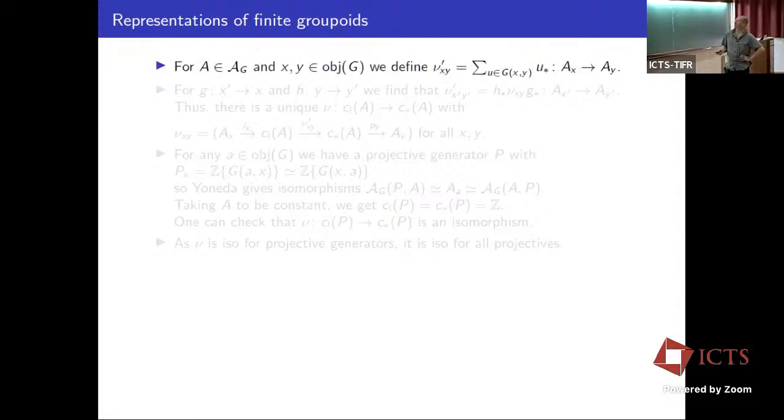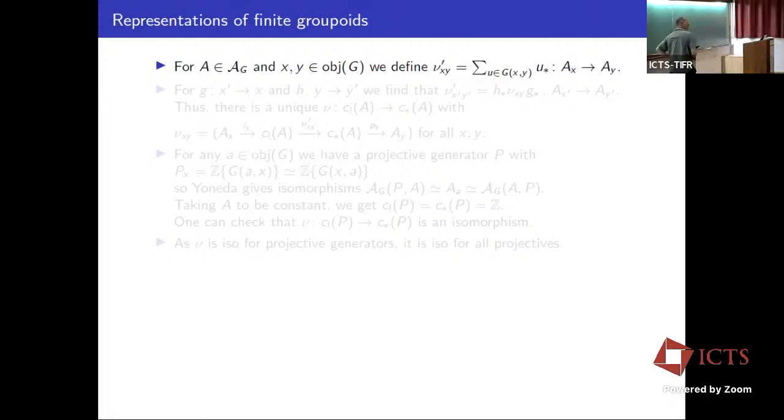Okay, so then we wanted to have a morphism from the left adjoint to the right adjoint. So let's examine how that works. Okay, so you've got one of these A's, a functor from G to abelian groups. You've got a pair of two different objects, X and Y. So if I've got any morphism U from X to Y, then it gives me a U lower star from AX to AY.